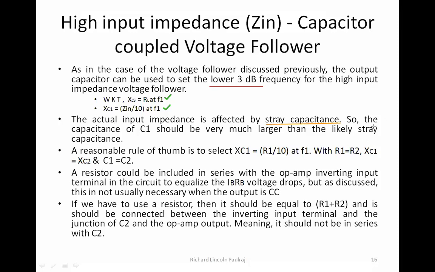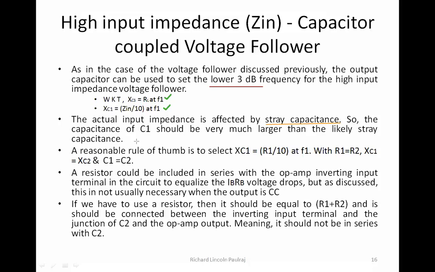Okay. So the capacitance C1 should be very much larger than the likely stray capacitance. My unwanted capacitance should not be larger than my designed capacitor. Yes or no?